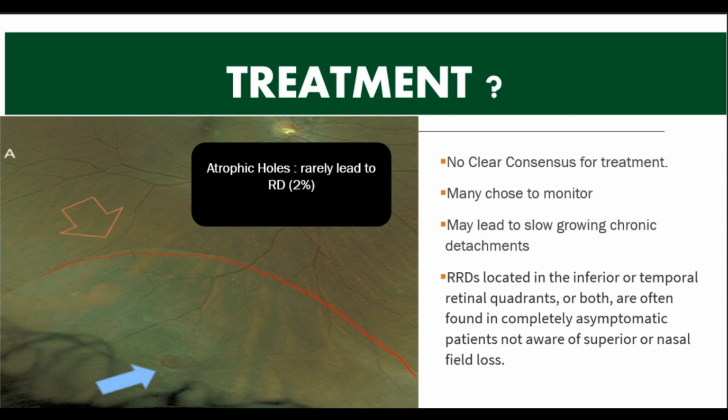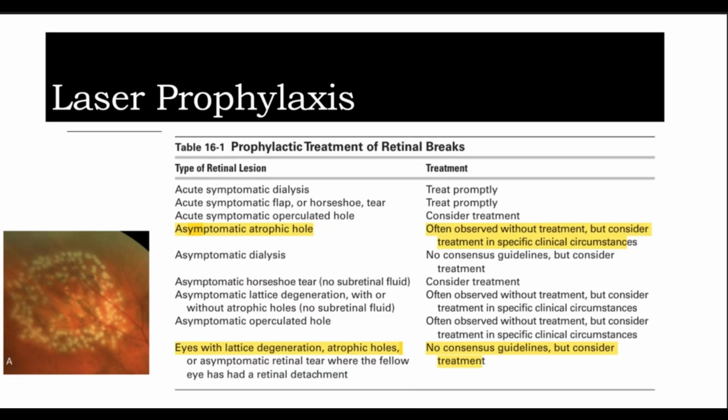Now, because the incidence is so less, there is no clear consensus for the treatment of such atrophic holes. Now, the treatment basically that we give is a laser prophylaxis, and here the whole idea of giving laser around that atrophic retinal hole, as you can see over here, is to develop chorioretinal adhesions.